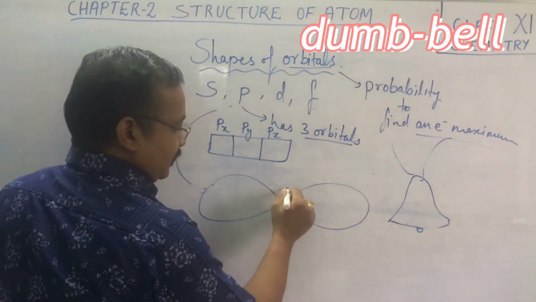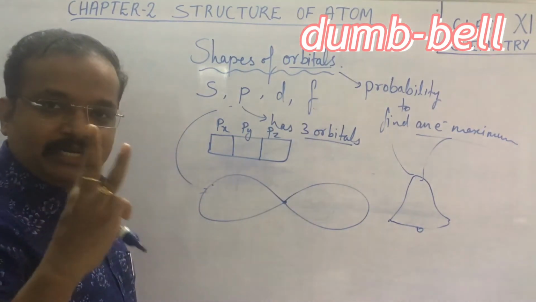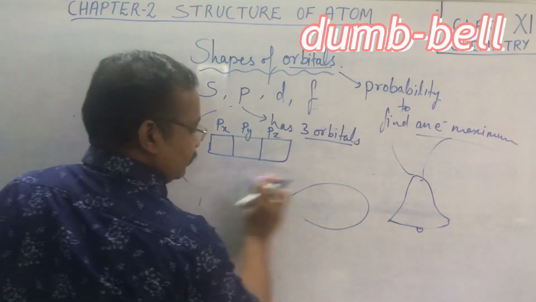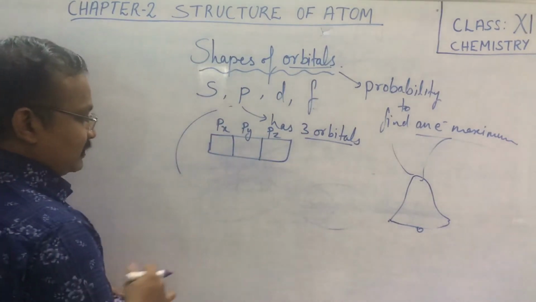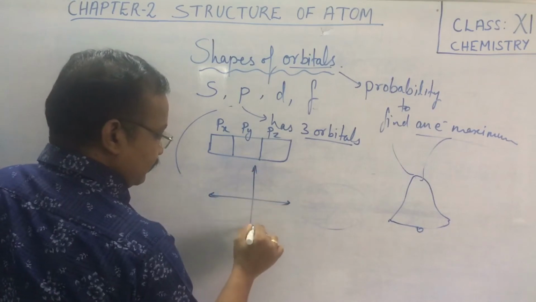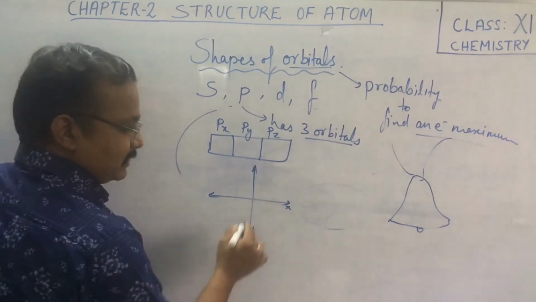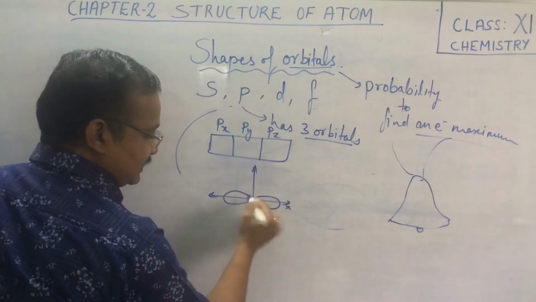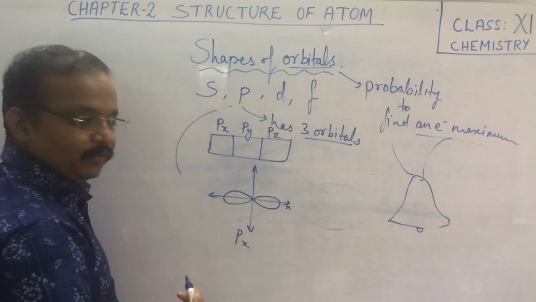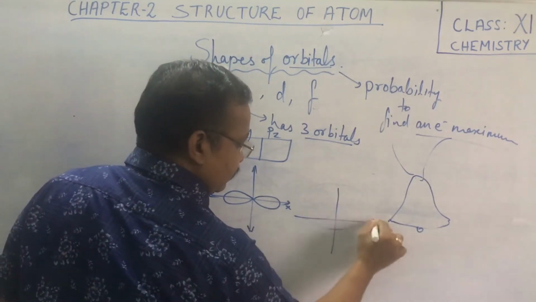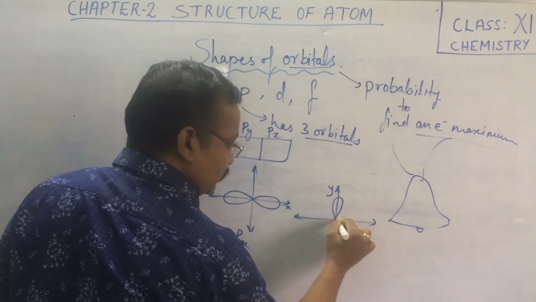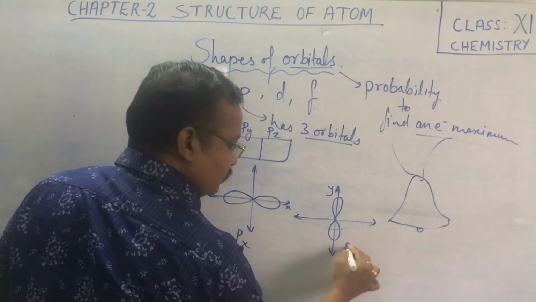There are 3 p orbitals, of which this is the first one. Let me draw once again. Suppose this is the x-axis; if this dumbbell is present on the x-axis, this is our px orbital. If the dumbbell is found on the y-axis, we say it is our py.